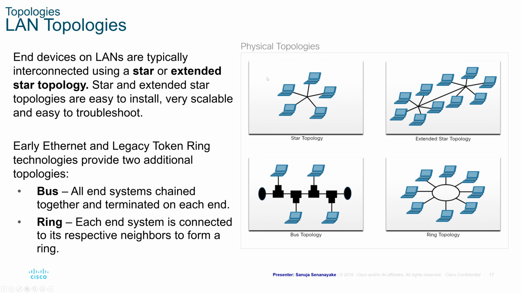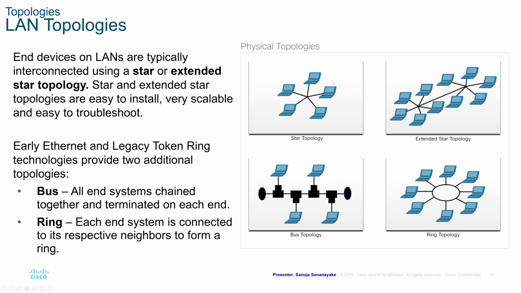What you need to understand for your exams is that if Cisco gives you these four diagrams and asks you to identify them, you should be able to identify them. You should also remember bus and ring topologies are legacy topologies, and they are currently not in use, maybe only in experimental use in laboratories. In the real world, we are probably never going to use bus and ring topologies in 2022.